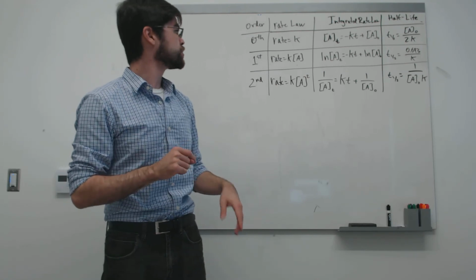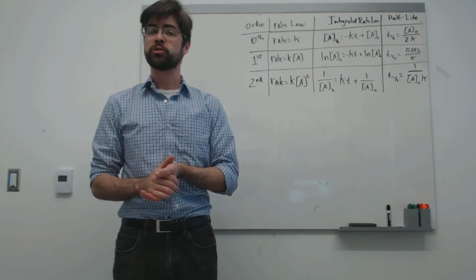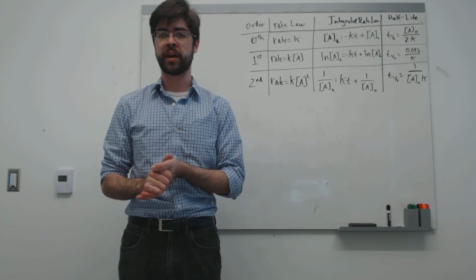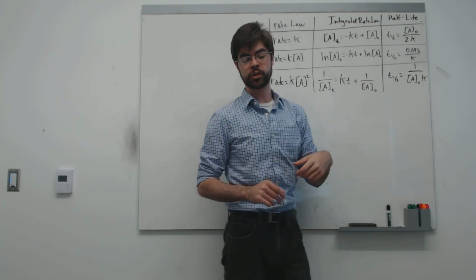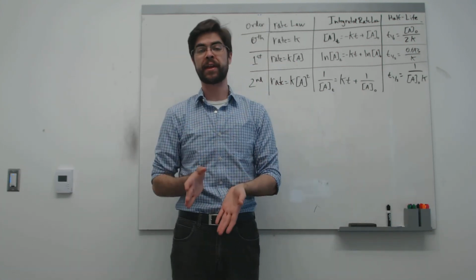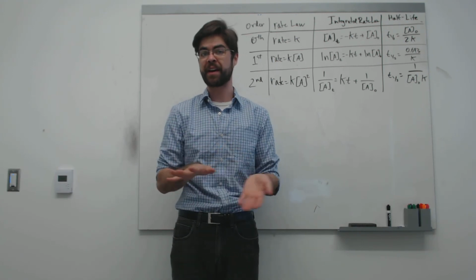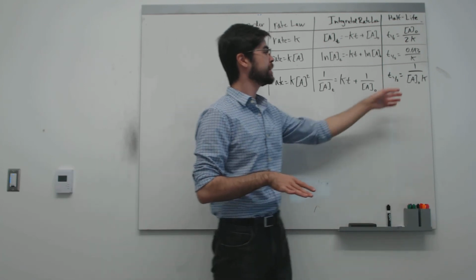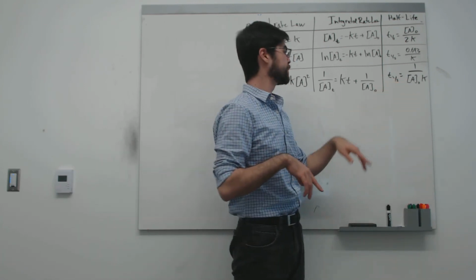What else? So working backwards, though, you can work backwards. So for instance, I gave a couple of questions today where basically I told you something about the half-life and you were supposed to work out something about the order. So if I told you there's a reaction and its half-life is constant with time, well, in any reaction, the concentration changes with time.